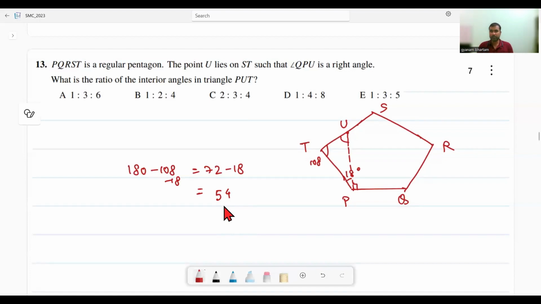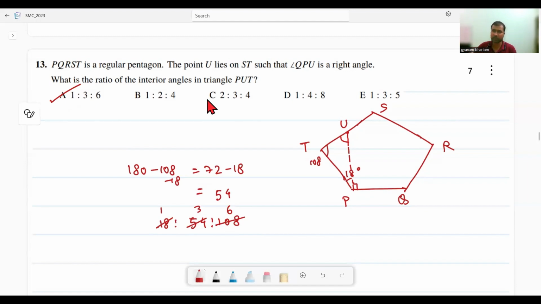So 18, 54 and 108. Three times 1 divided by 18, and this is going to be 6 times, right?